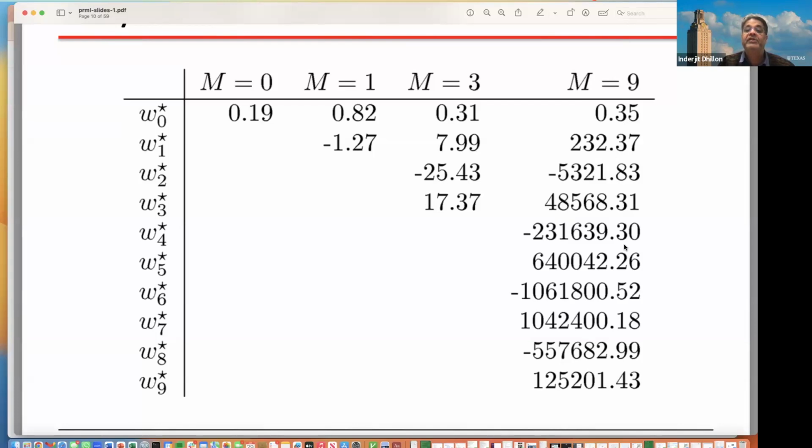The coefficients are becoming really big. The reason is that some values become very large and some values become very small. So you have very large positive values and very large negative values, and they somehow cancel to give you 0 error on the training data.